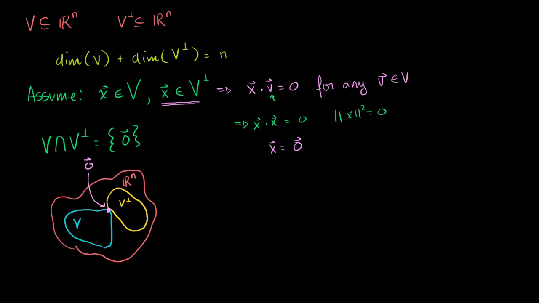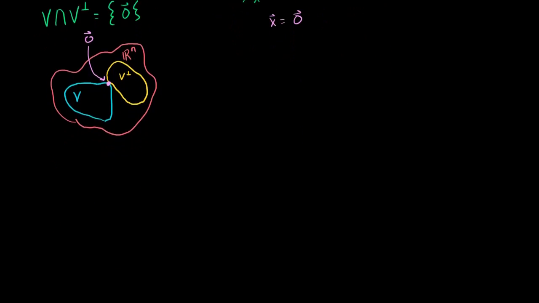Nothing too profound there. Let's see if we can come up with some other interesting relations between the subspace and its orthogonal complement, and maybe some arbitrary vectors in Rn. So let's just write down. Well, we know that the dimension, let's say the dimension of our subspace V is equal to k.